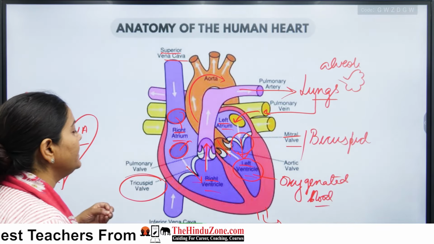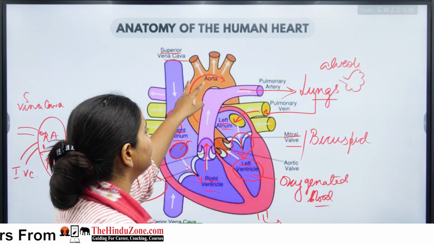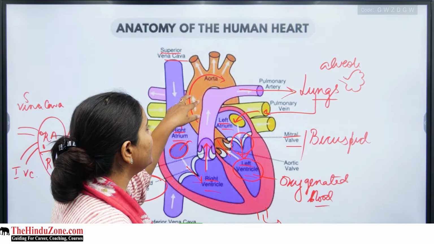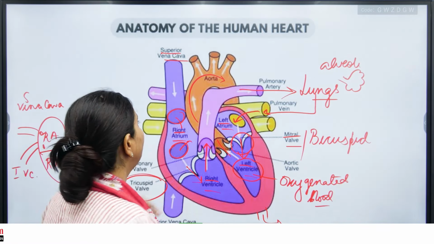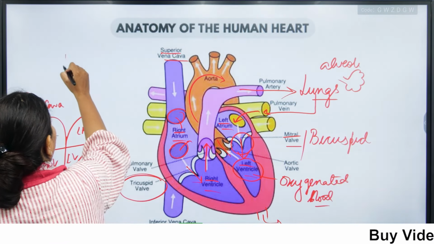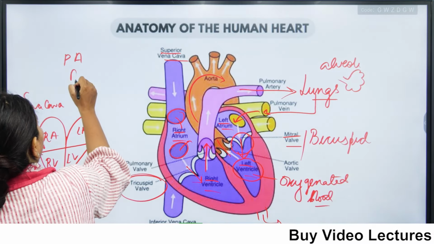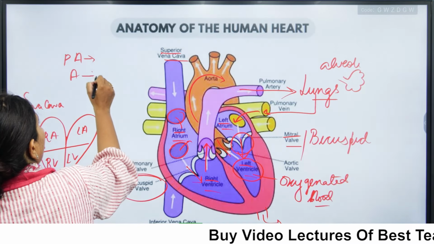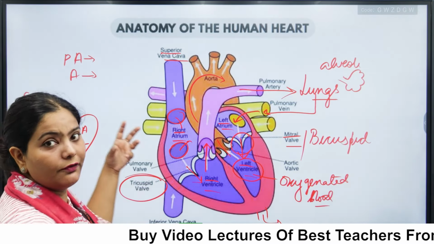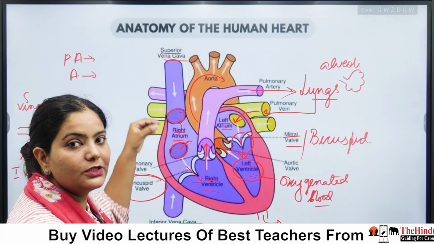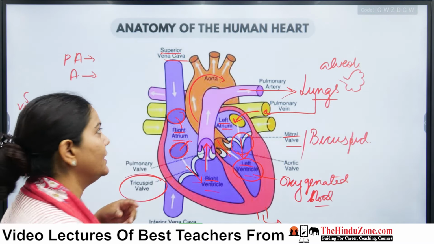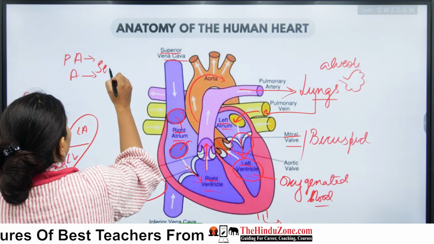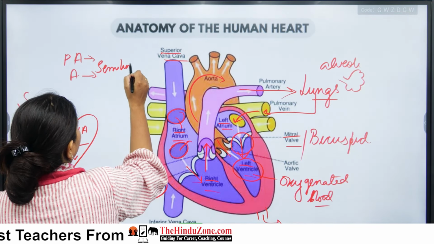Now, you must be wondering about the type of valves which are present in the pulmonary artery and the aorta. Both of them, the aortic valve and the pulmonary valve, are a type of semilunar valves.